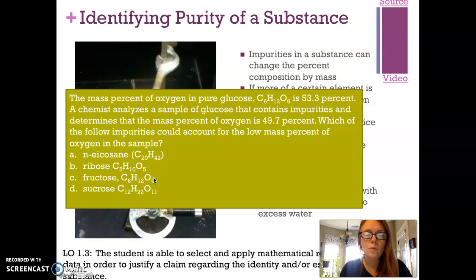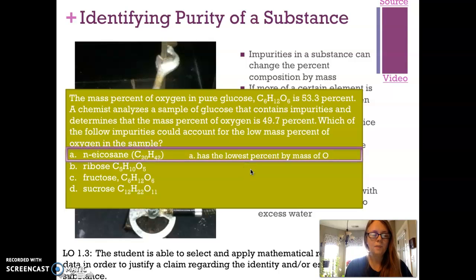Which one of those as an impurity would lower the observed percent oxygen from what's expected? And so we would want to pick the one that has the lowest percent by mass of oxygen in it. And of course, that's going to be the one that doesn't contain any oxygen at all. And that is choice A. And I'm sure you got that right. So great job.